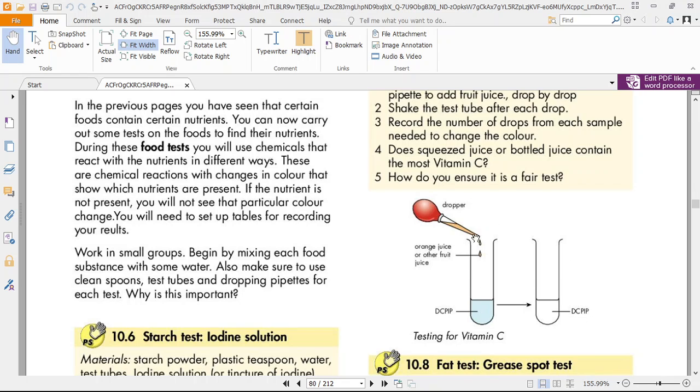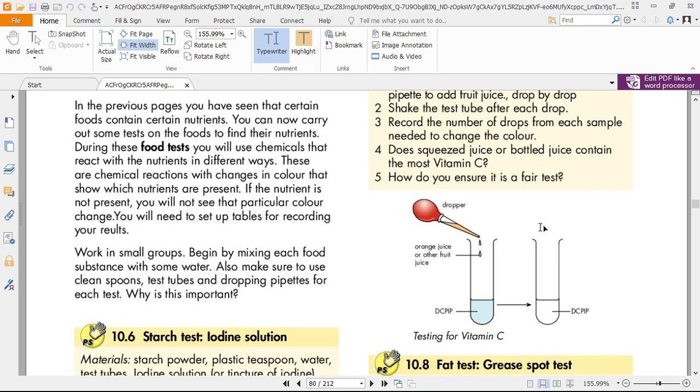Now I want you to go and take a quick look on the internet. When you use the DCPIP test, is it cloudy white or is it transparent? Is the substance supposed to be cloudy white or transparent?